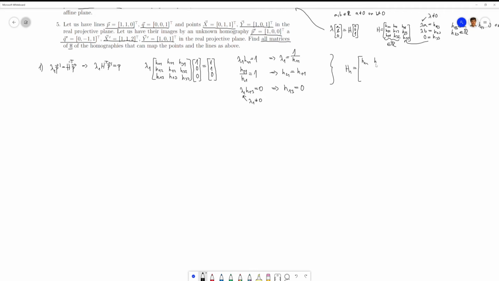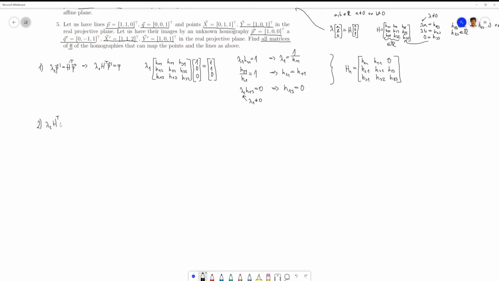So the final matrix which we get from these constraints is h11, h21, h31, h11, h22, h32, 0, h23, h33.